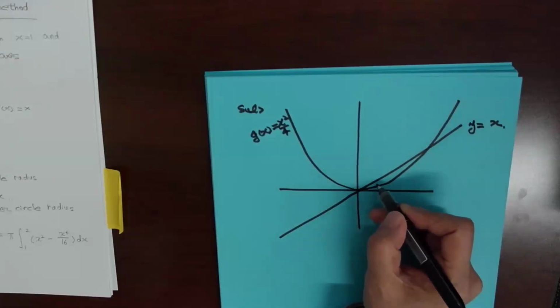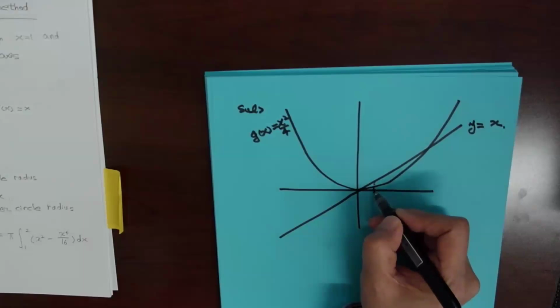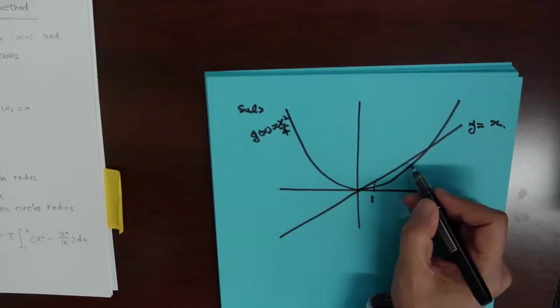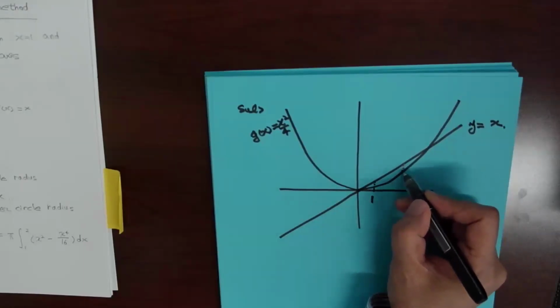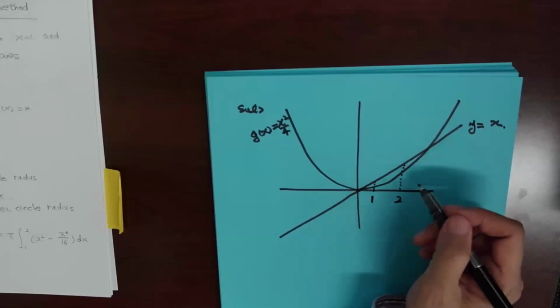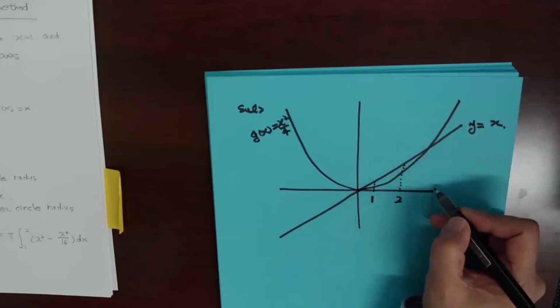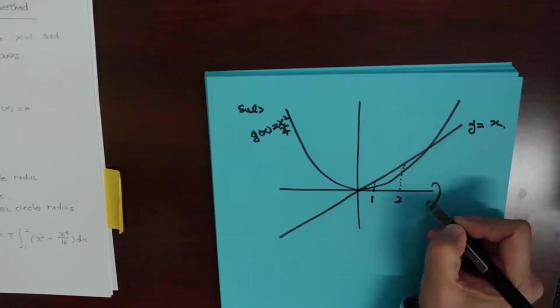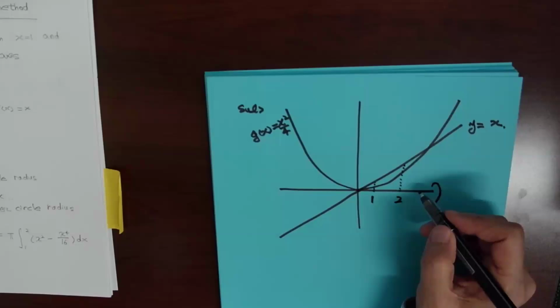And we want to think about the region between x equals 1 and 2, and we are rotating around the x-axis like this.